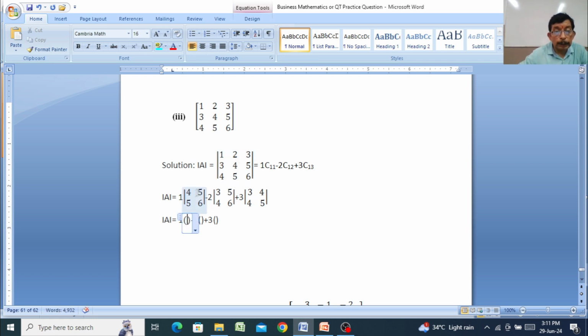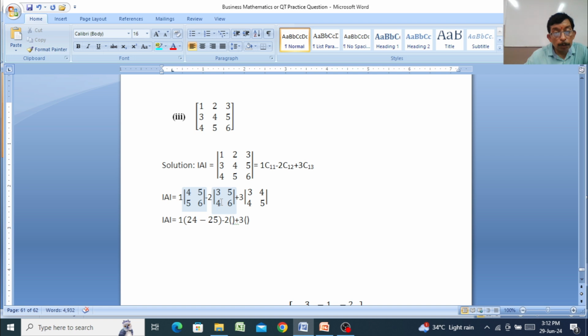Now the 2 by 2 order determinant value is the difference of the cross multiplication of the elements. The first diagonal elements are 4 and 6, the multiplication 4 times 6 is 24, minus 5 times 5 is 25. Now we come to the second cofactor C12.